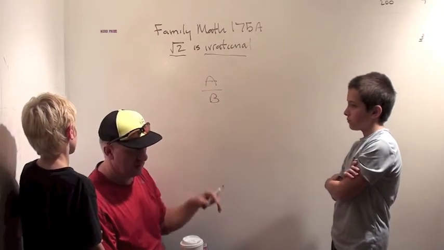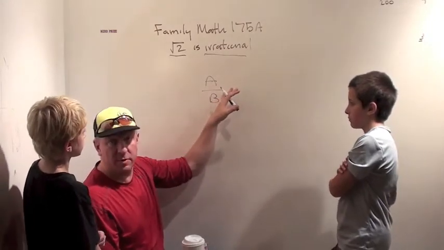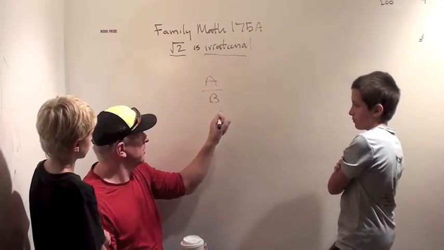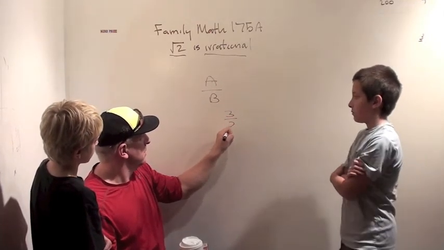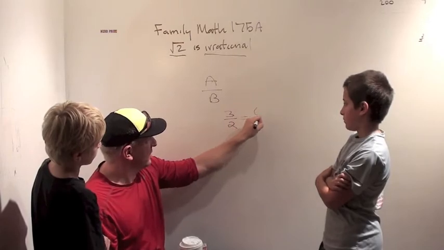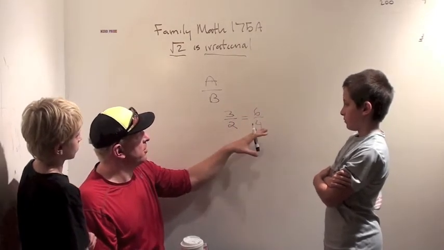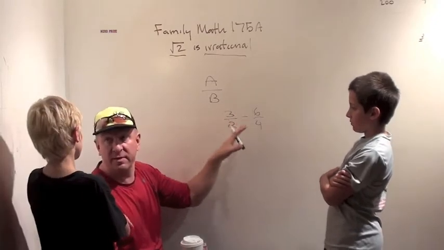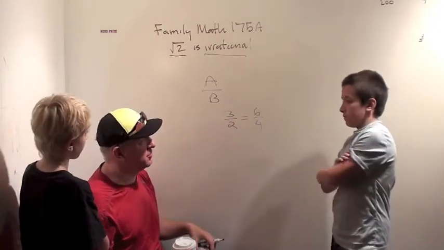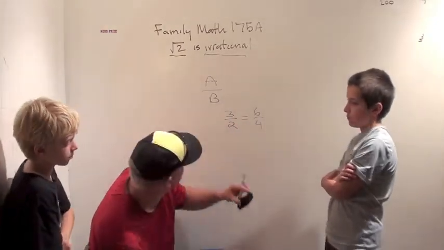I think a and b are in lowest terms. You can have a and b in lowest terms, but a rational number like 3 halves is also 6 over 4. So for it to be a ratio, it doesn't have to be in lowest terms. But we're going to use the idea of lowest terms actually in our first proof, and in a couple different proofs.